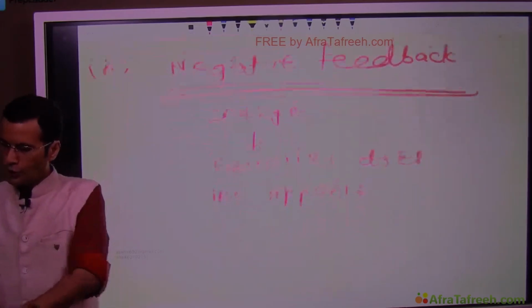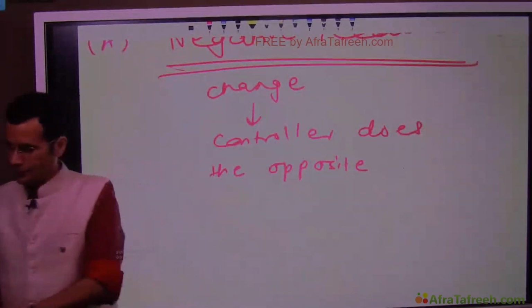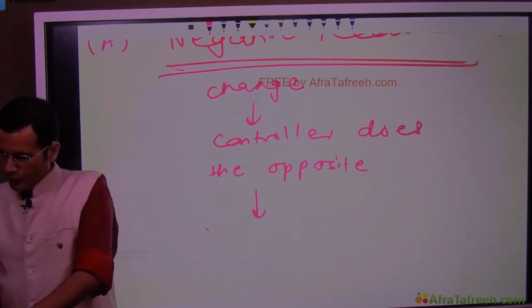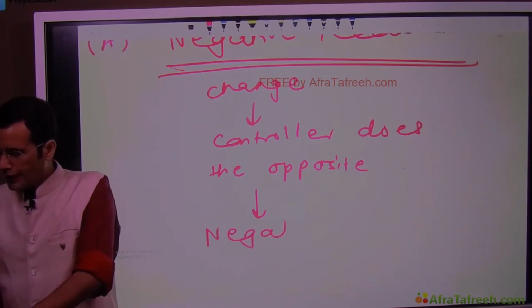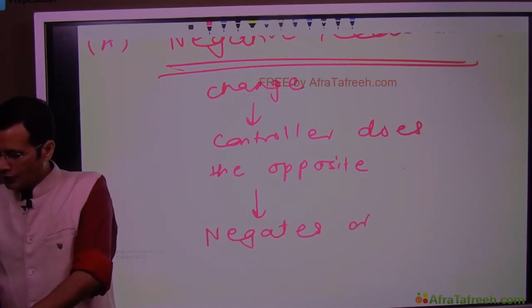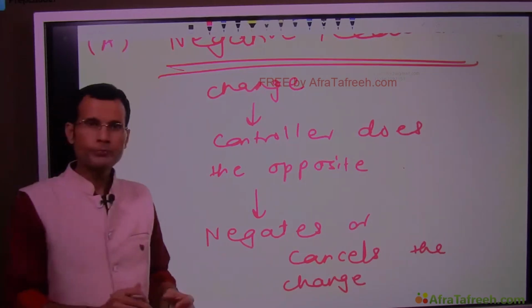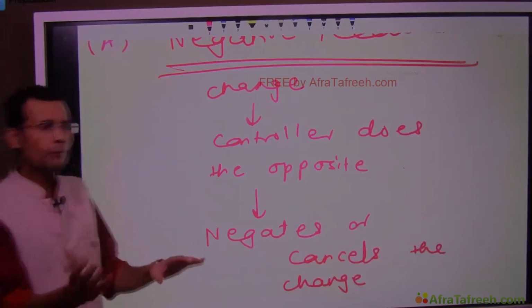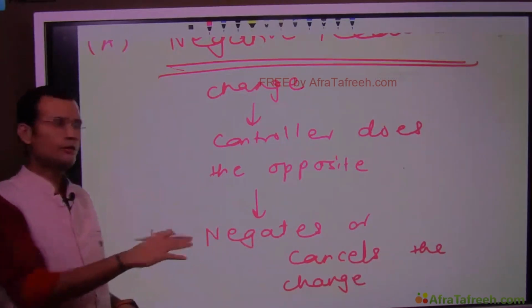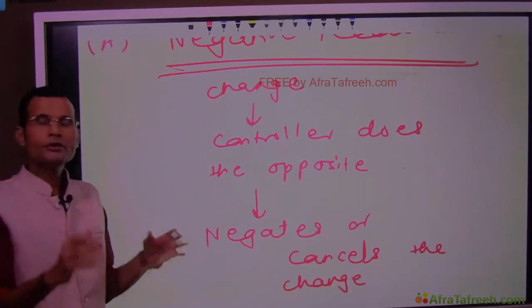So the controller negates the change, or cancels out the change, so that the control variable, the parameter, is brought back to its original, normal level. That's called negative feedback.